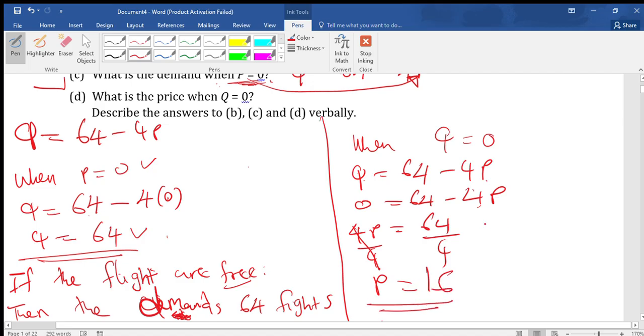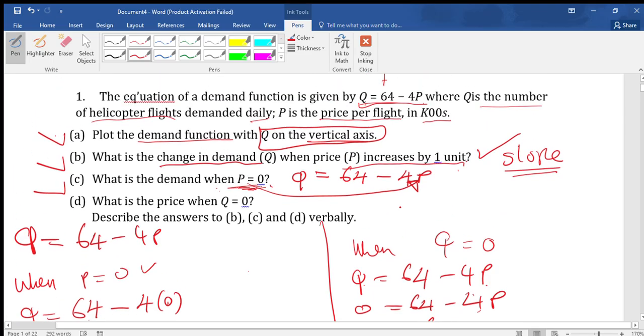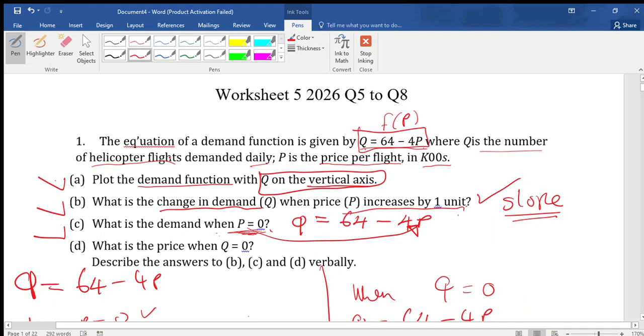What does this mean as a verbal description? Remember, let's go back to the question. We said Q is the number of flights and P is the price per flight, and this price is in hundreds of kwacha.